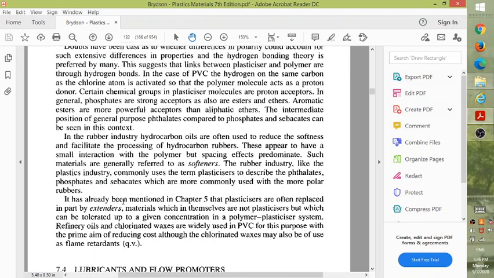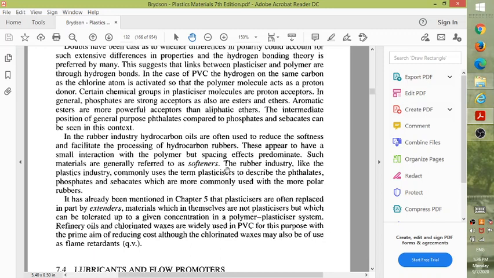It has already been mentioned in chapter 5 that plasticizers are often replaced in part by extenders, materials which in themselves are not plasticizers but which can be tolerated up to a given concentration in a polymer plasticizer system. Refinery oils and chlorinated waxes are widely used in PVC for this purpose with the prime aim of reducing cost, although the chlorinated waxes may also be used as flame retardants.